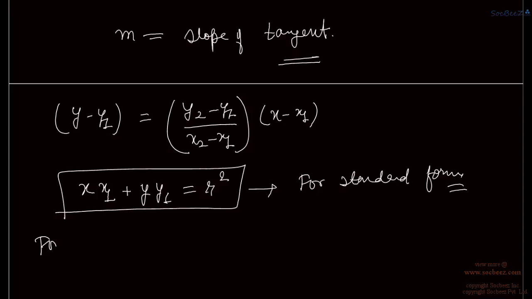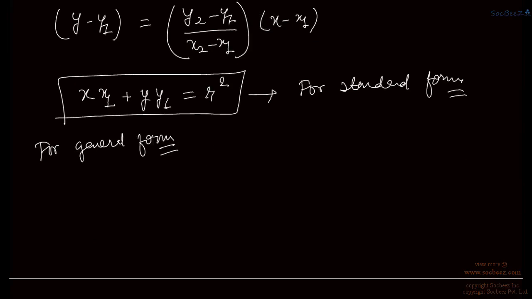So for general form, the general form of the equation of circle is x square plus y square plus 2gx plus 2fy plus c is equal to 0.